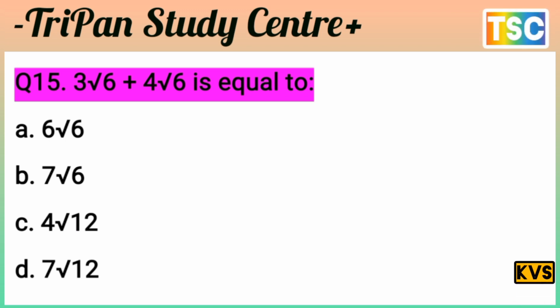The question is clear: 3 under root 6 plus 4 under root 6 is equal to? 3 plus 4 is 7, so 7 under root 6.